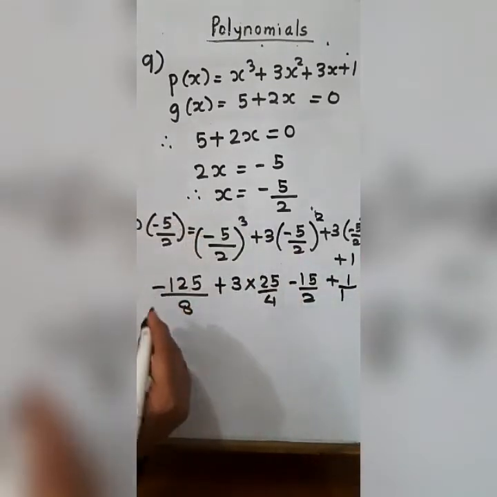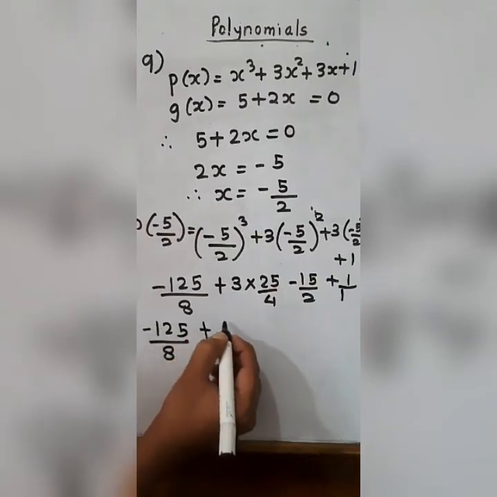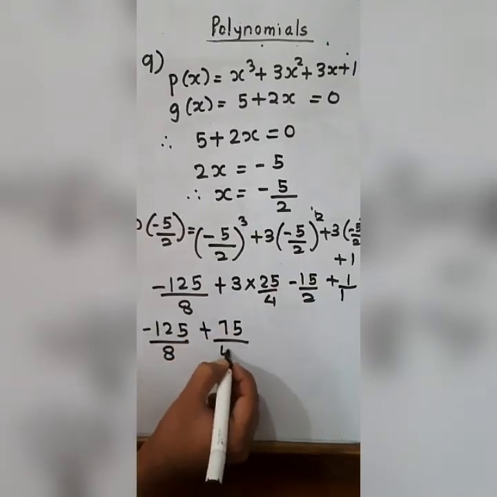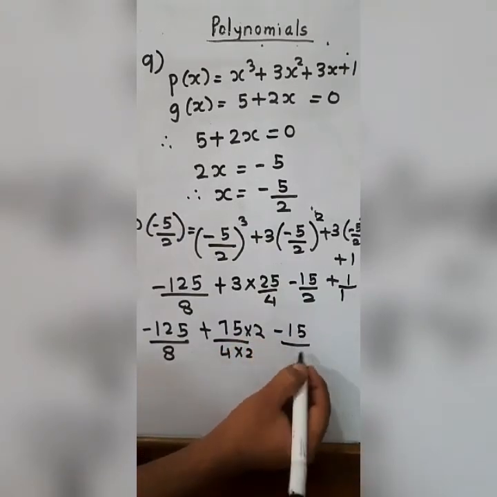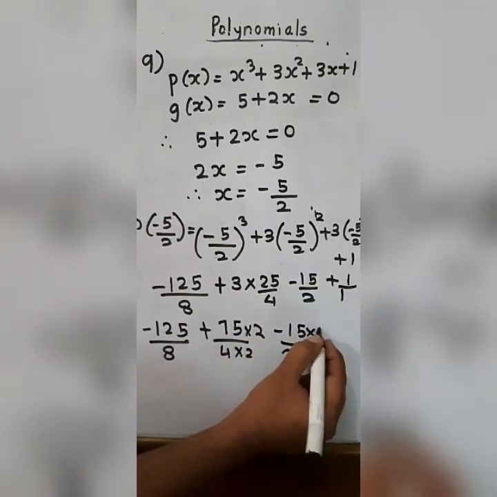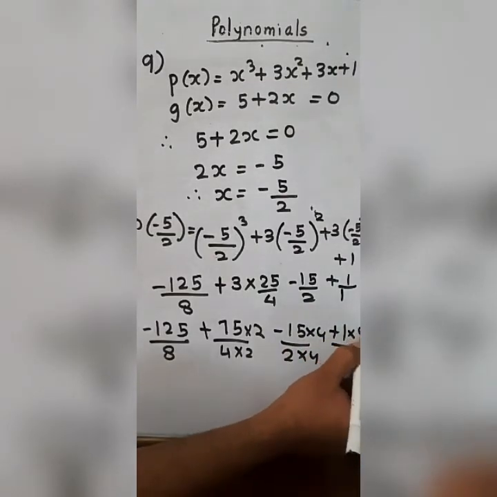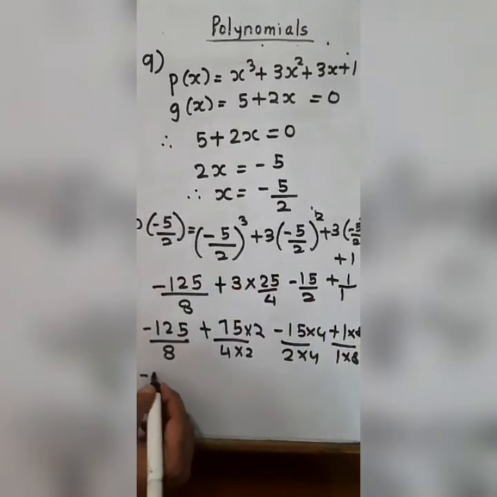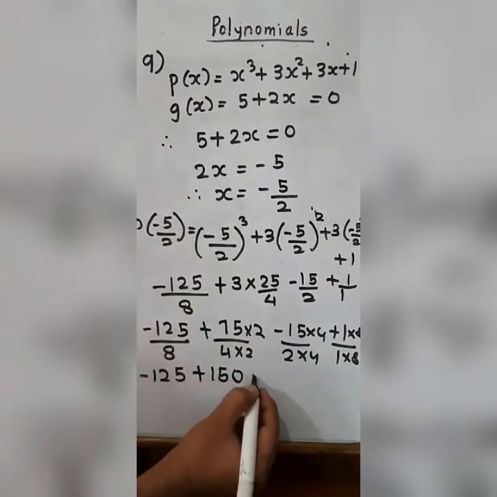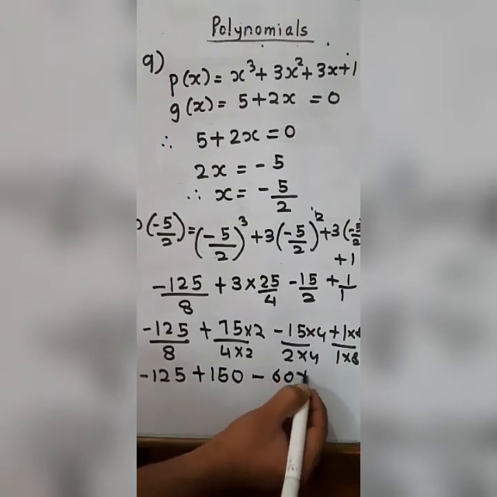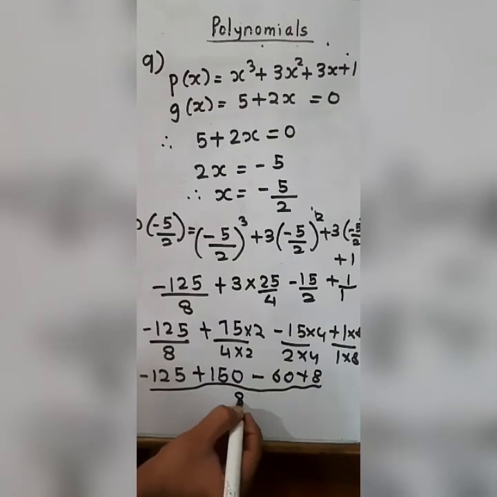So I will take the LCM. This is minus 125 upon 8 plus 75 upon 4 into 2 into 2, minus 15 upon 2 into 4 into 4, plus 1 upon 1 into 8 into 8. So this becomes minus 125 plus 150 minus 60 plus 8 divided by 8.